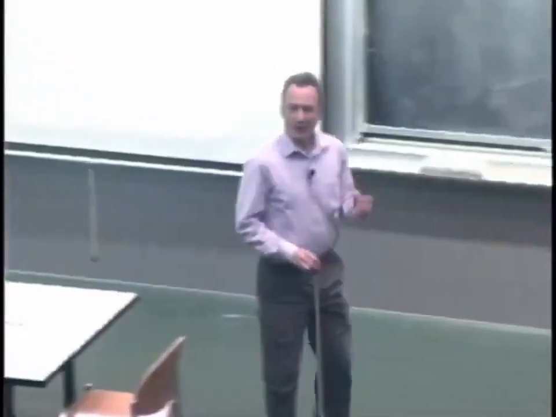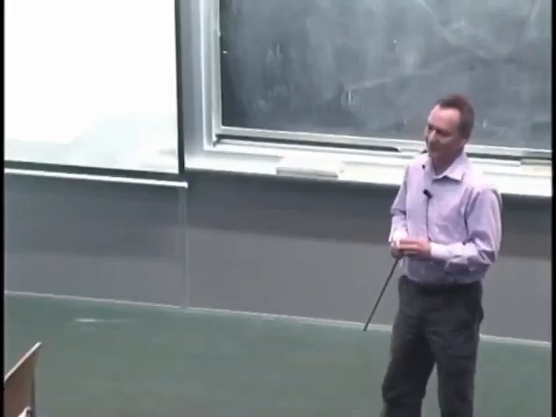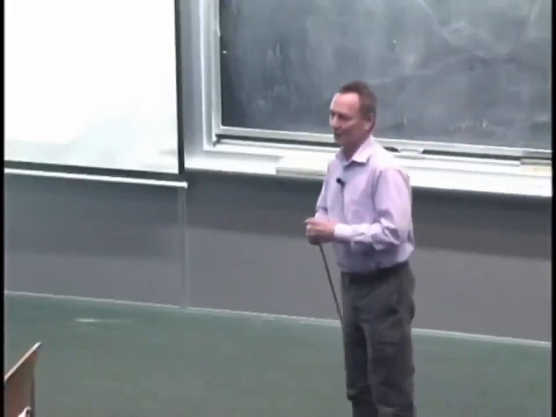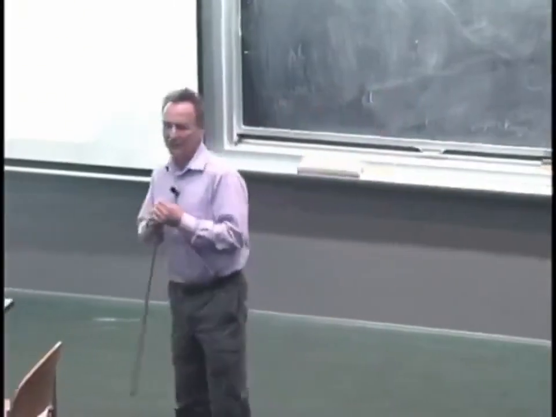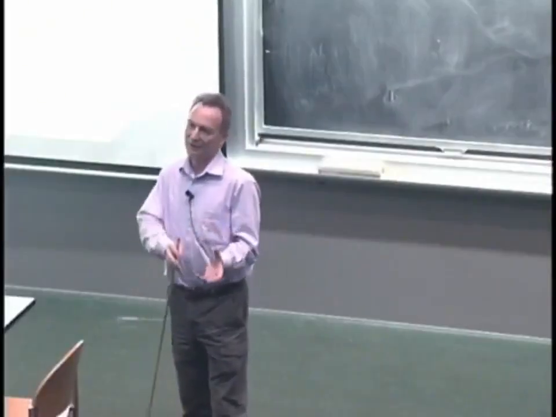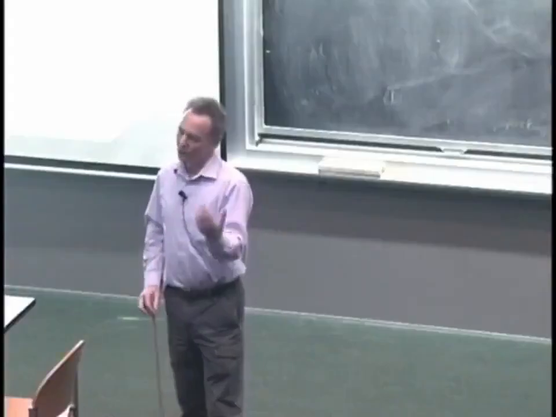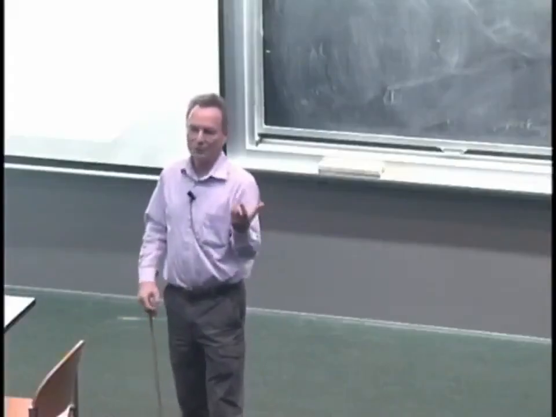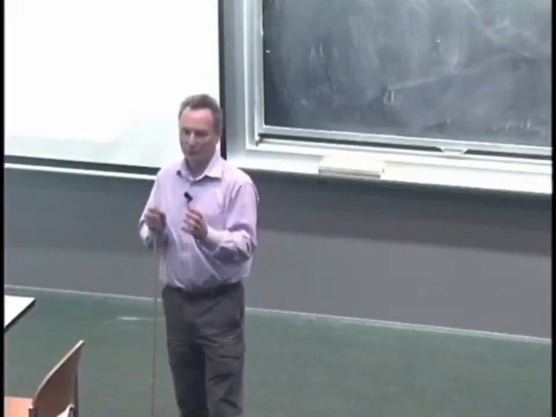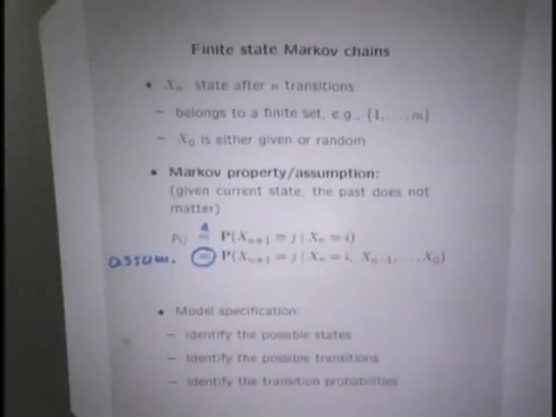For this property to hold, you need to choose your state carefully in the right way. In essence, the state needs to include any information that's relevant about the future of the system. Anything that's not in the state is not going to play a role, but the state needs to have all the information that's relevant in determining what kind of transitions are going to happen next.